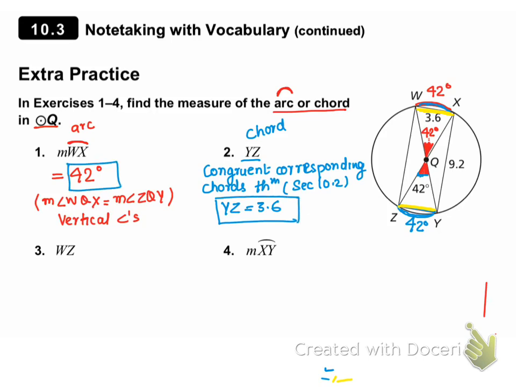All right, let's move to the next problem, question number 3. No arc symbol on top means I have to find chord WZ. WZ is this one.